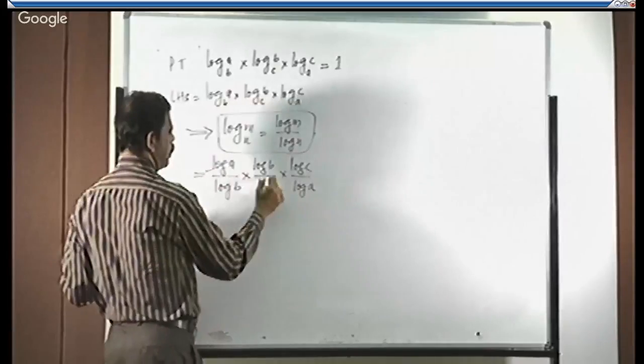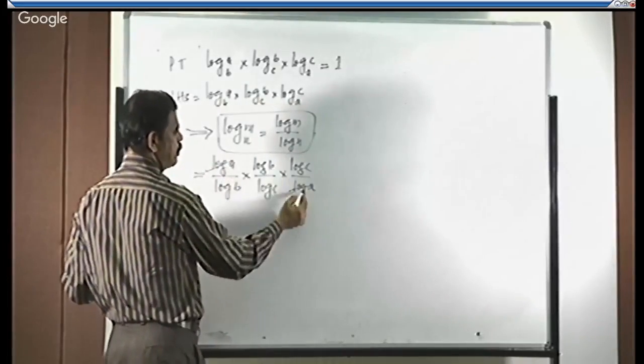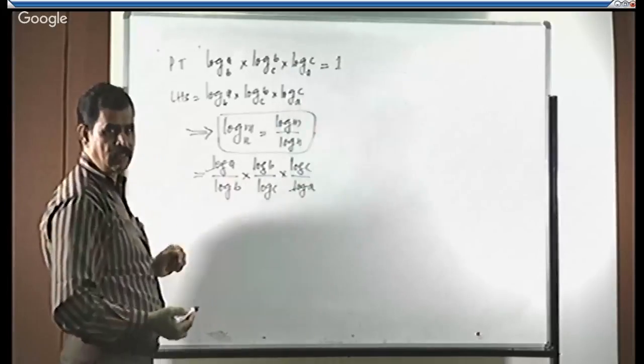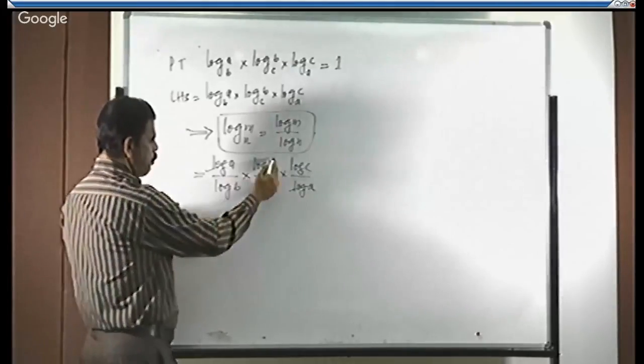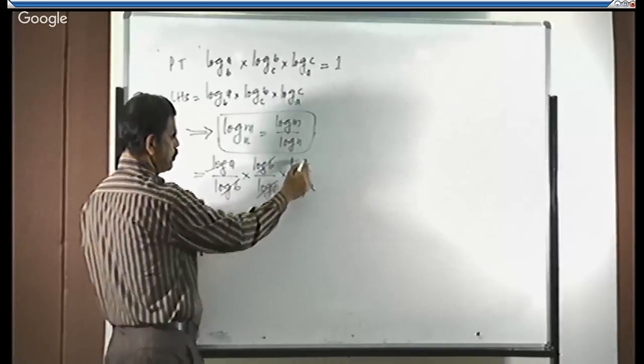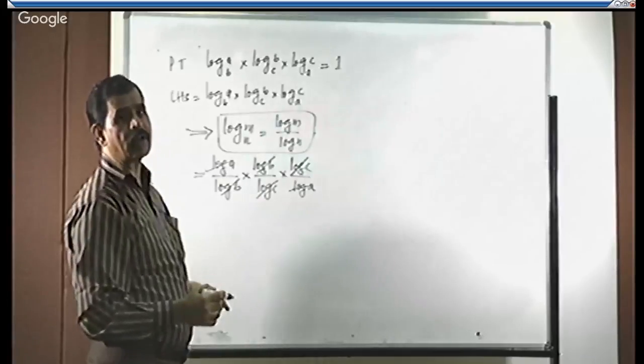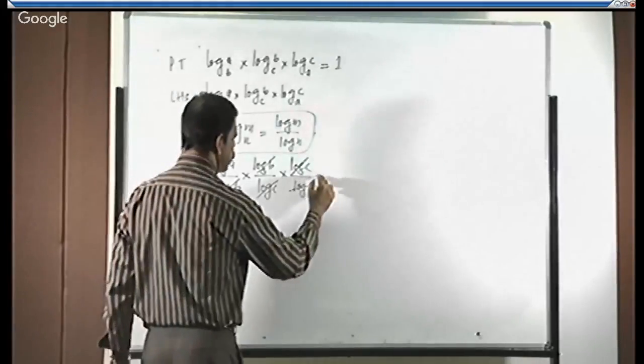Log a in the numerator and log a in the denominator get cancelled. Correct? This log b gets cancelled. Log c gets cancelled. So all the terms in the numerator and denominator get cancelled. It is always equal to 1.